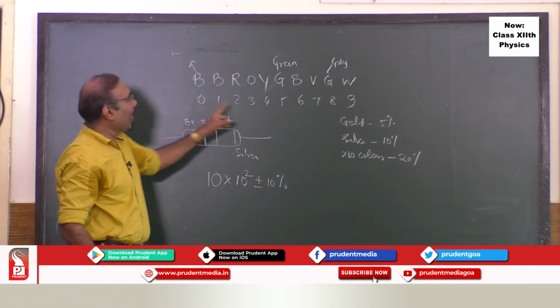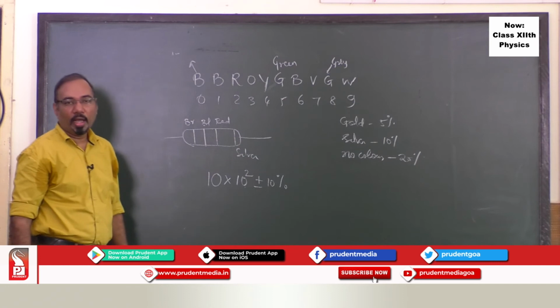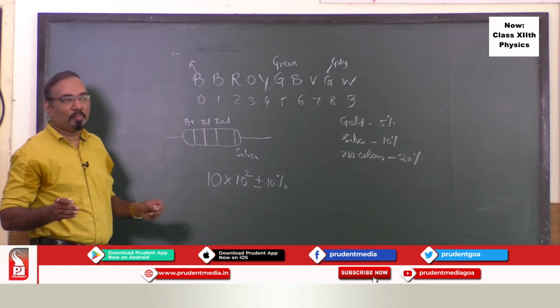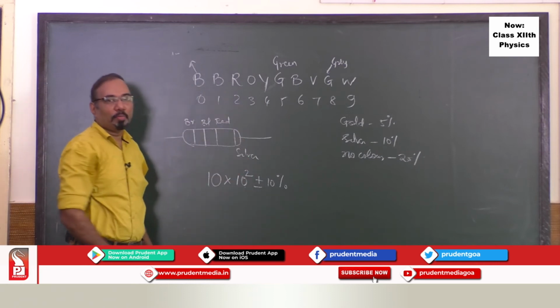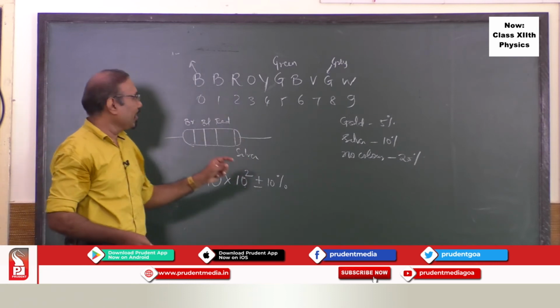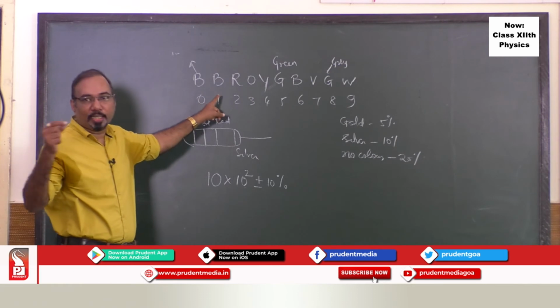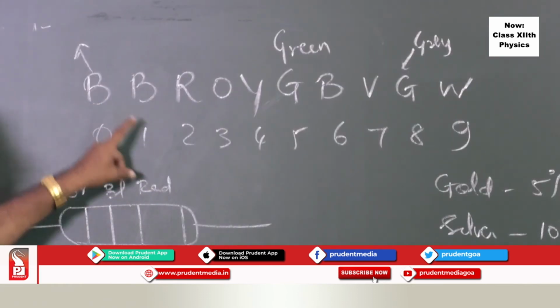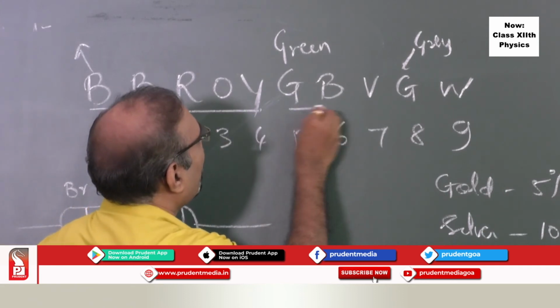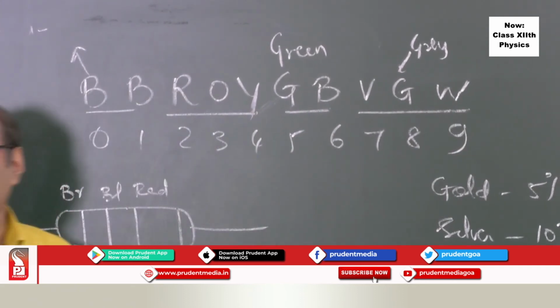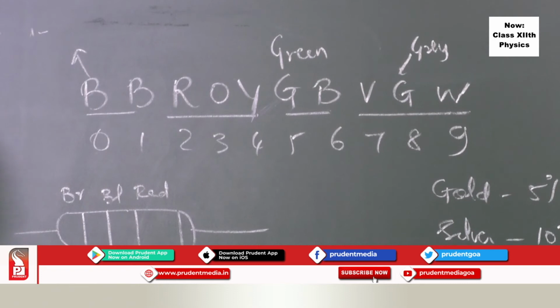And you have to learn this code by heart. How to remember this code? There are methods to remember it. You can remember the code by making a phrase out of it, and the popular phrase we see in the book is B.B. Roy of Great Britain having very good wife. This is the phrase we use to remember this particular code.